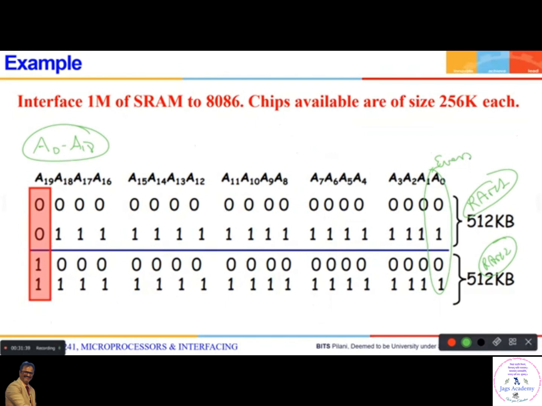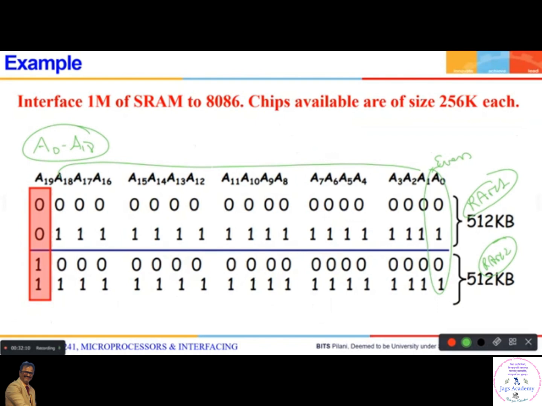Now, how many address lines can go directly to the 256K memory chip? A0 has gone. A1 to A18, right? So A1 to A18, this entire set of address lines will go directly into the memory chip. Then what else is left for your input to the decoder logic?